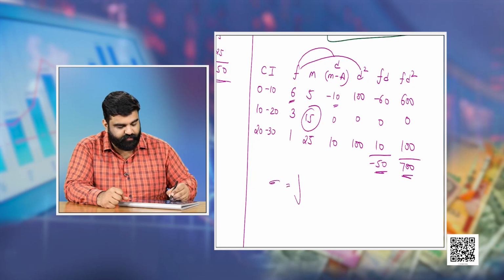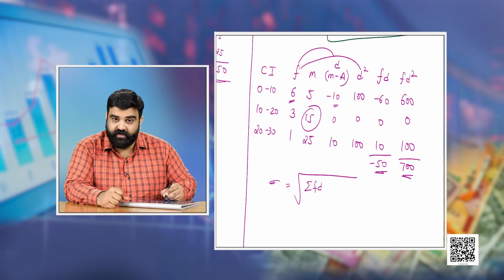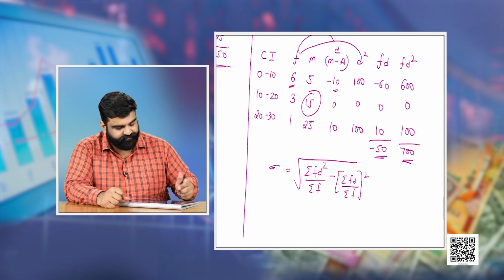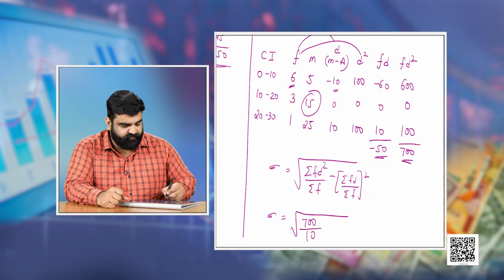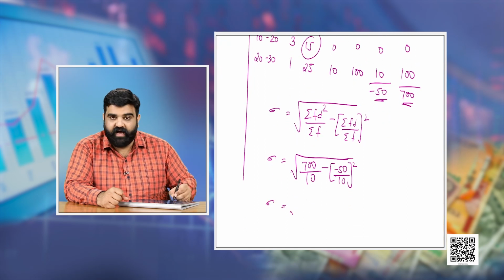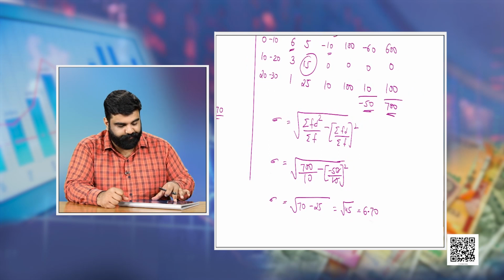So for standard deviation to be calculated through shortcut method, we have the formula sigma fd square by sigma f minus sigma fd upon sigma f the whole square. So we have 700 by 10, which is the total of all the frequencies, minus 50 upon 10 the whole square. So we have 70 minus 25, which is again root 45, and the answer to this will be 6.70.